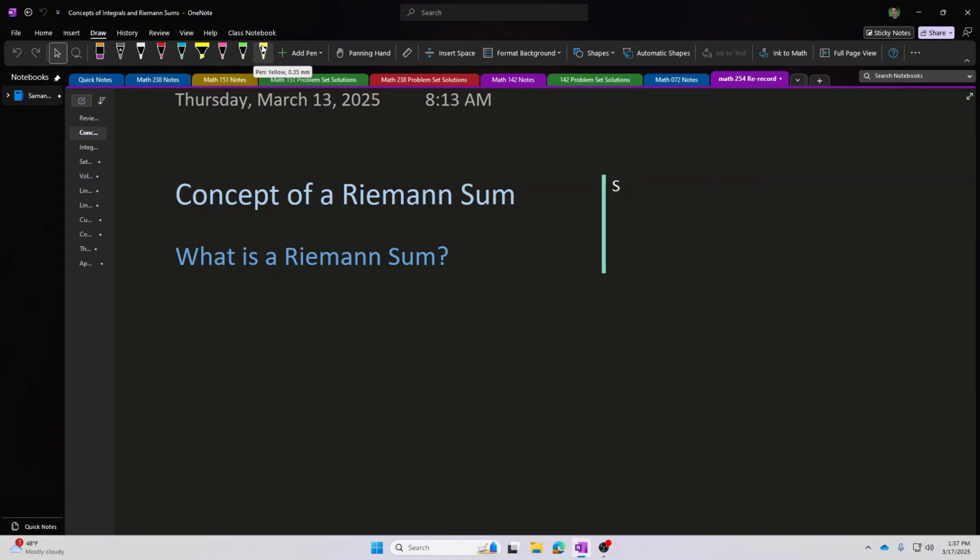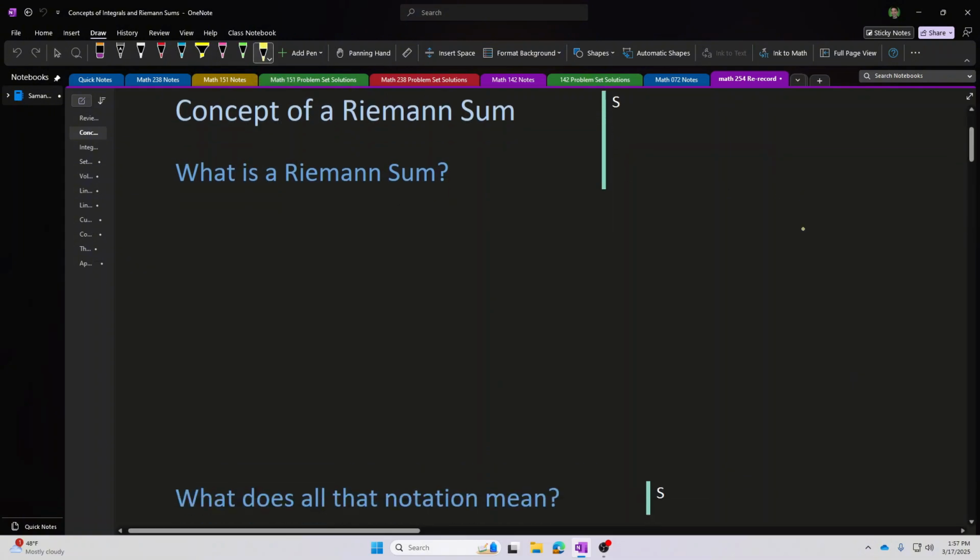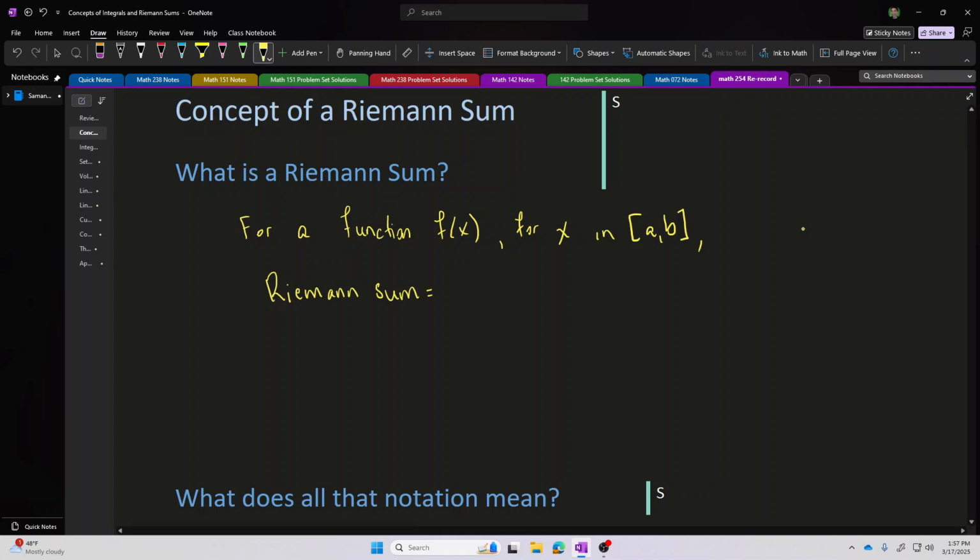So let's begin with a Riemann sum. A Riemann sum was a sum of the following form. For a function, which I'll generically call f of x, and for x's in the interval of inputs, let me generically say a to b, the corresponding Riemann sum was a sum of the following form.